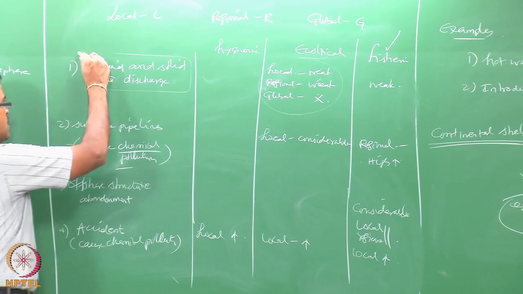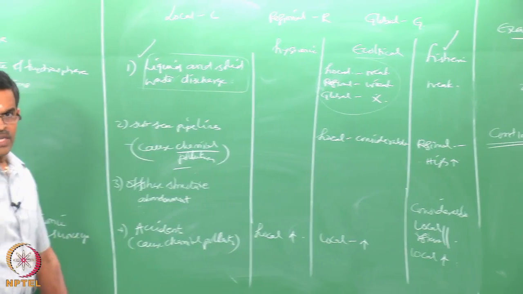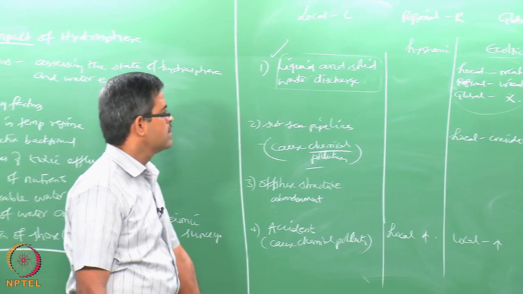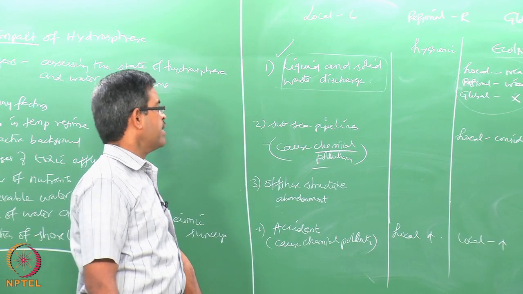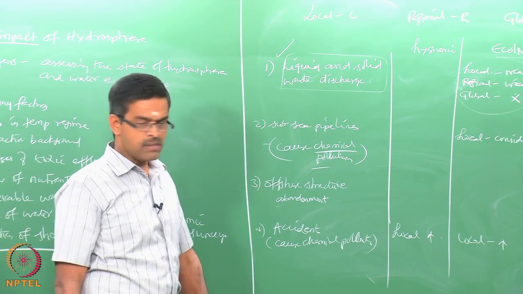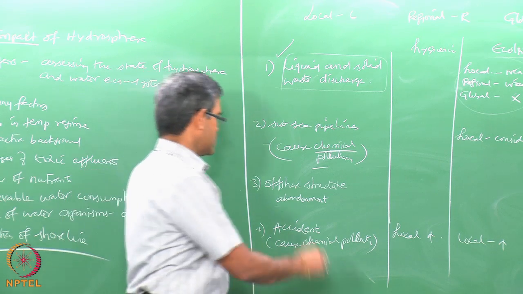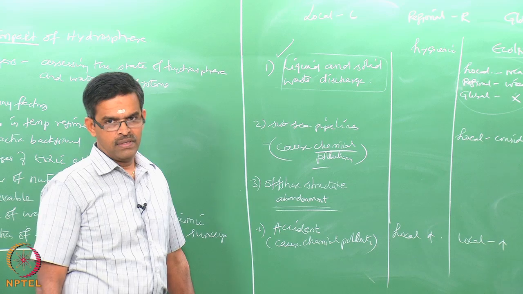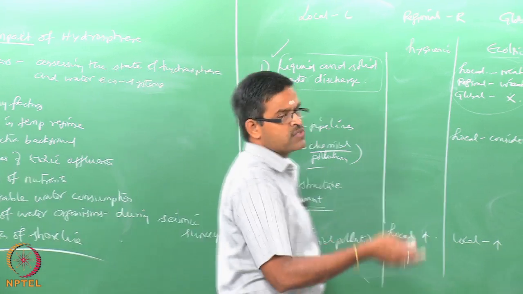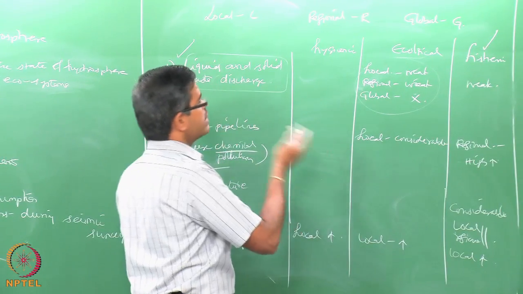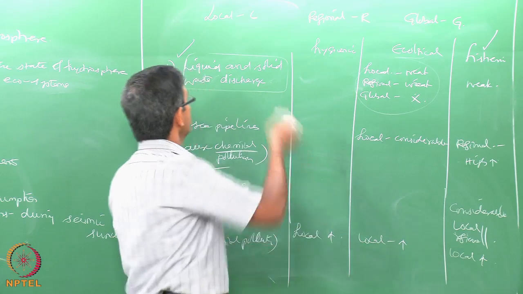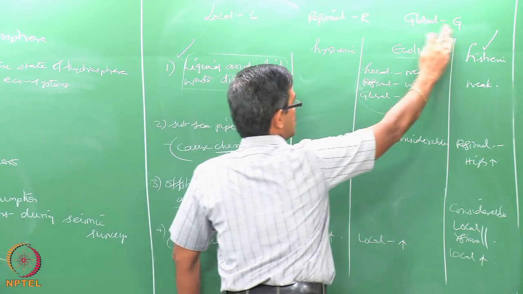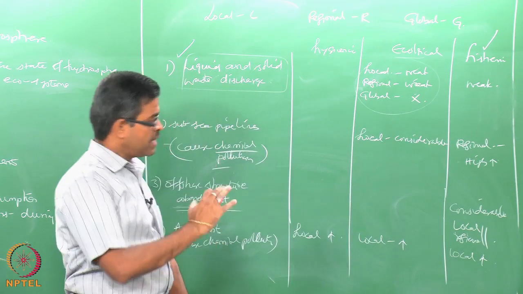So, different activities, starting from liquid and solid waste discharge, laying and maintaining subsea pipelines, offshore structures discarding or abandonment, and accidents, have different impact on ecosystems, which we divided into 3 regions or 3 sectors, which is local, regional and global, and we studied this.